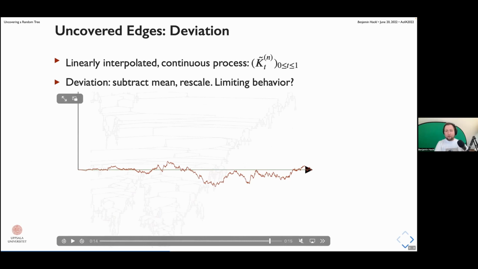And one good guess that one can make in such a situation is, well, I have some sort of stochastic process. I have subtracted the mean. Perhaps the thing that remains is sort of a Brownian motion.